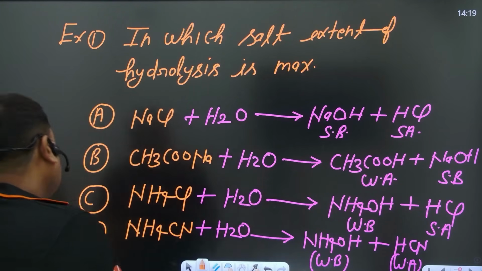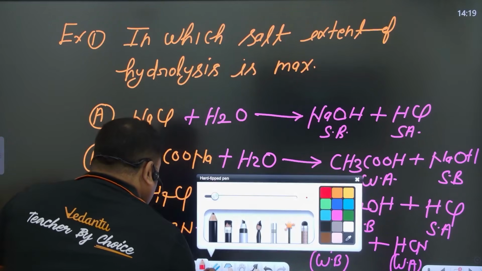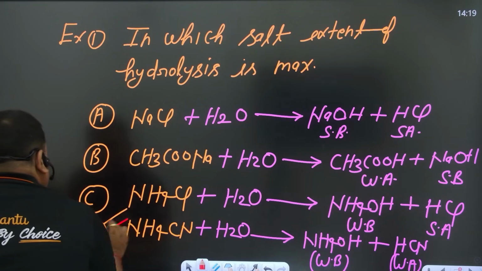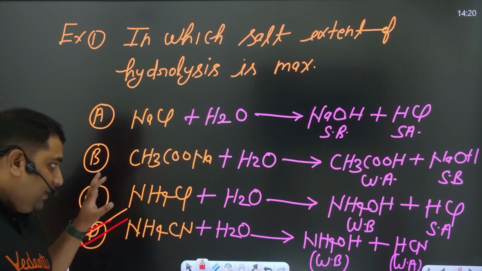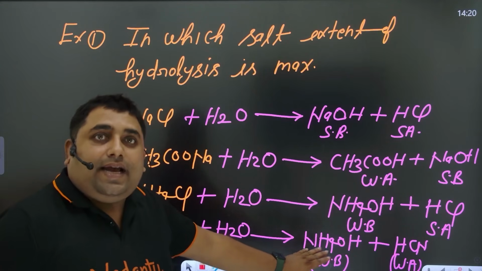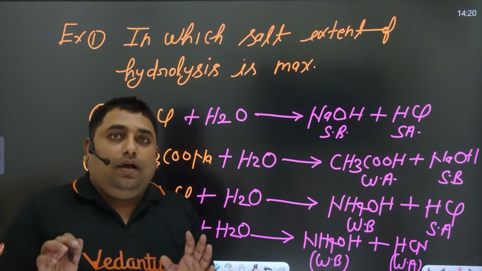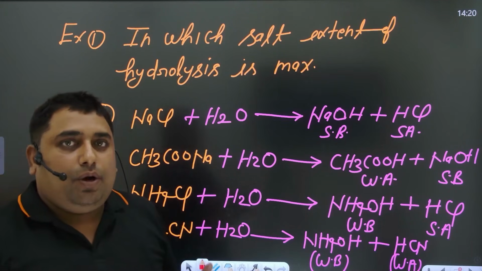So in this salt, the extent of hydrolysis is maximum. So we can say in option D, extent of hydrolysis is maximum, because in this salt, both acid and base parts are weak, right? So this is the way to answer this type of question.